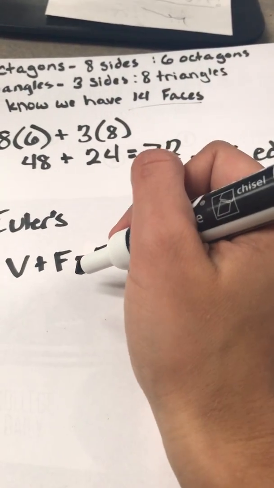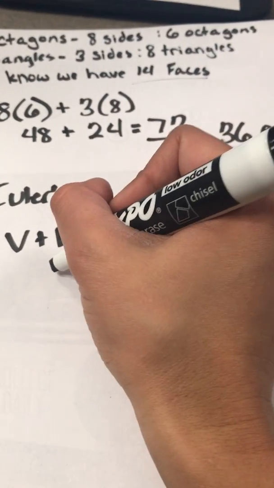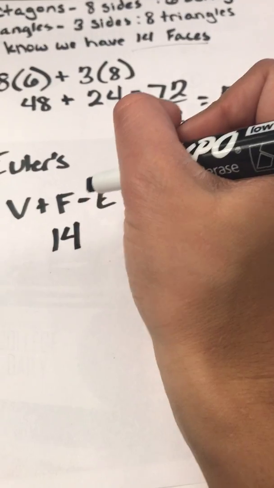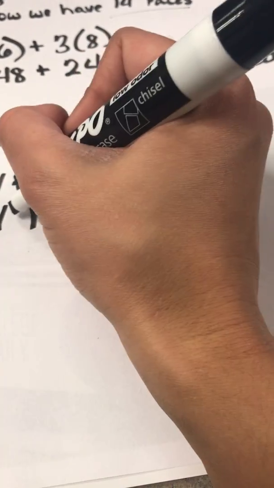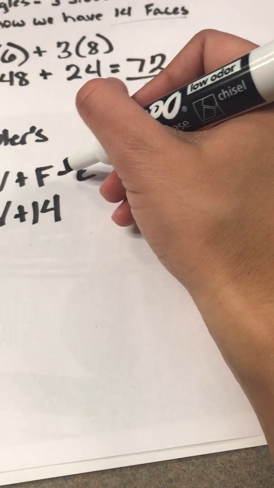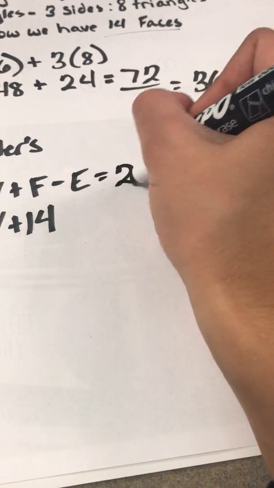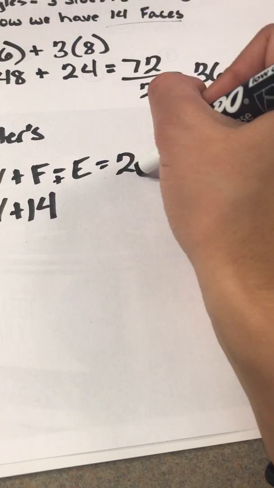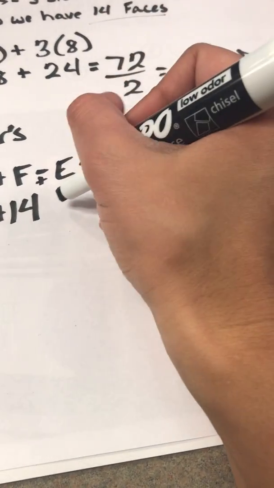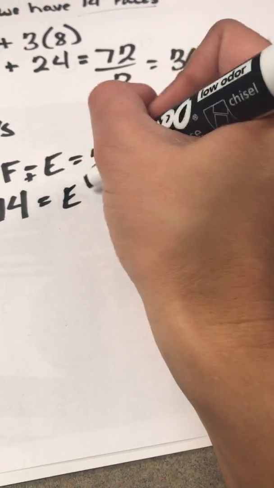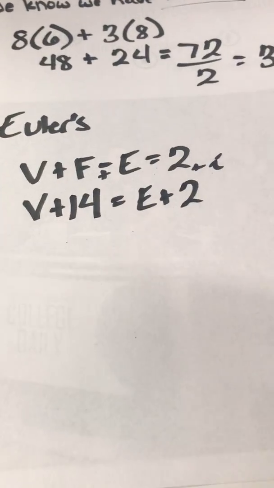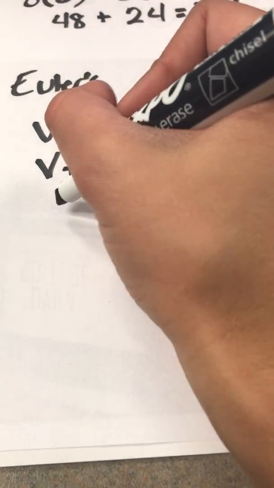So we're going to add that in right here for the faces, 14. Like we said, it equals 2. So I'm going to add the E to both sides to make it a little easier. So it's going to equal E plus 2. And then we know that edges is 36.